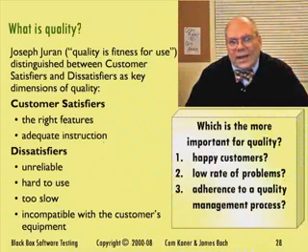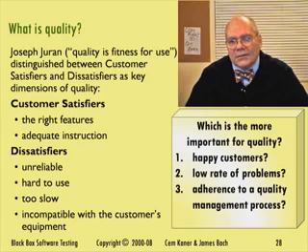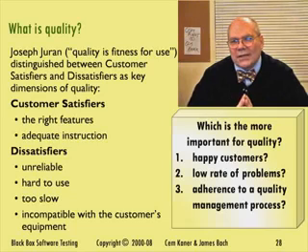Joseph Juran added a useful refinement to the idea of quality. His most widely quoted definition is fitness for use, and again, that's oversimplified. He elaborated on this by distinguishing between satisfiers and dissatisfiers. Think about a computer game that you like and would recommend to a friend. What makes it so good? Anything that makes you like the game more is a satisfier.